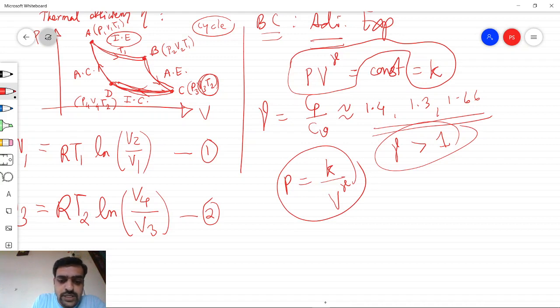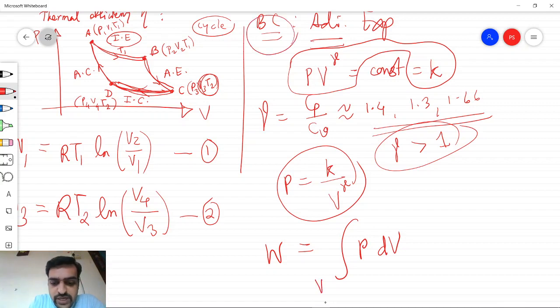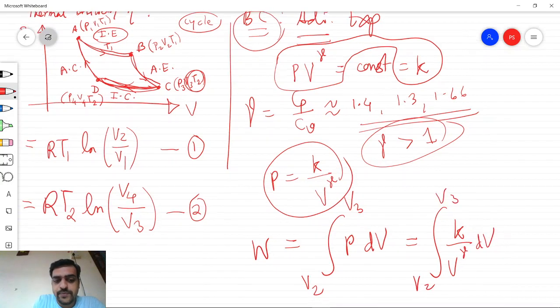Now let us use this in the previous formula for work done, which says that W is the integral of P dV from some initial volume to final volume. For the process BC, initial volume is V2, final volume is V3. So replace P by K by V raised to gamma, dV from V2 to V3.